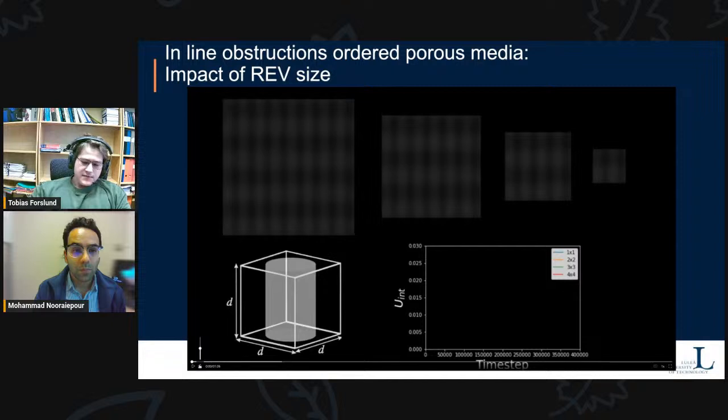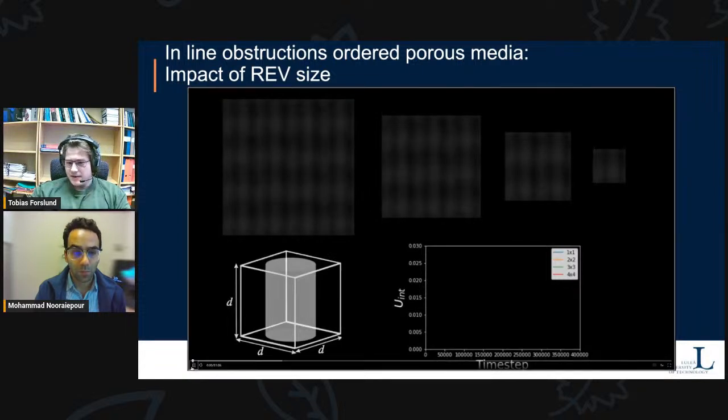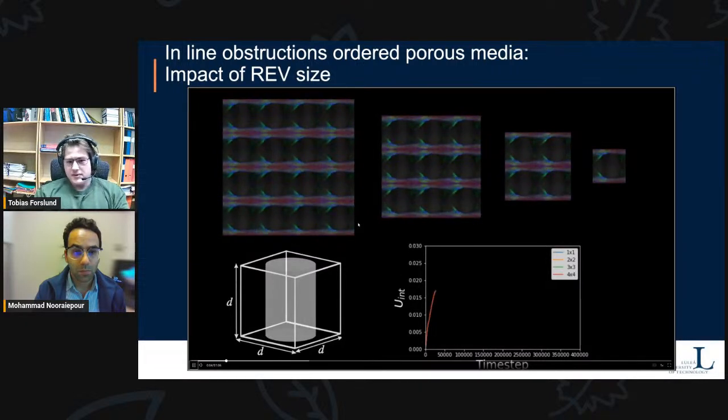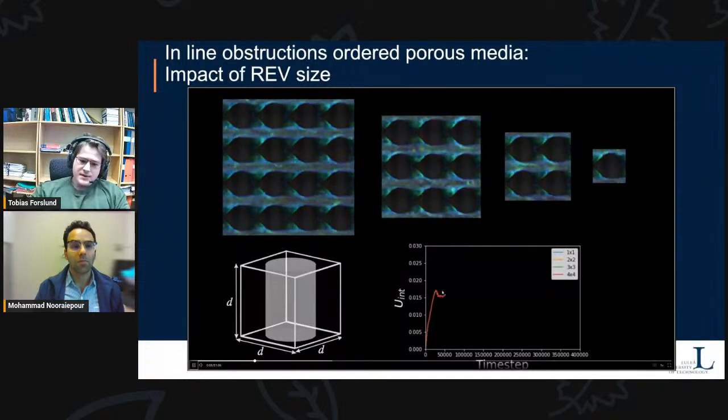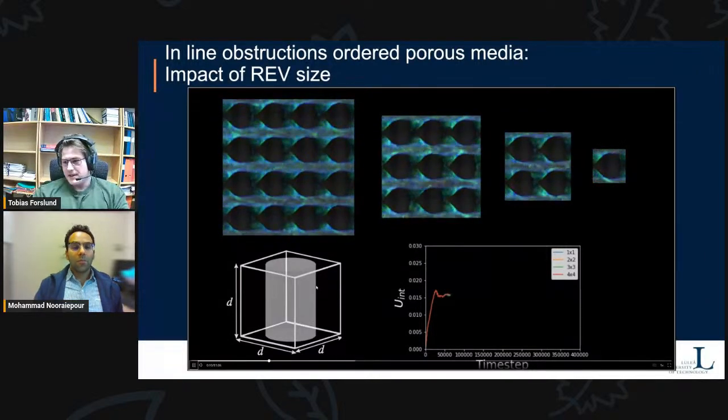So instead of diving into graphs and everything, I'm just going to show you some videos where you can pretty clearly see what these large-scale structures actually look like. This is an example of an inline arrangement of cylinders with walls on top and bottom. What you can see is that all conditions are the same across all of these simulations.